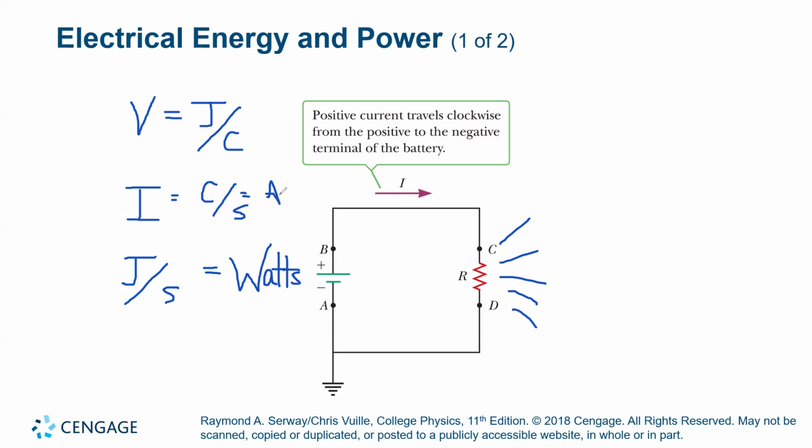Coulombs per second is amps. Volts, joules per coulomb, is simply volts. Thank goodness, no new words to memorize there. Okay, volts. So now we have joules per second equal watts, which is power, and it's a measure of the energy that's being either spent at the resistor, coming out as heat or light, or being invested by the battery, right? How do I get that from the information of volts and current?